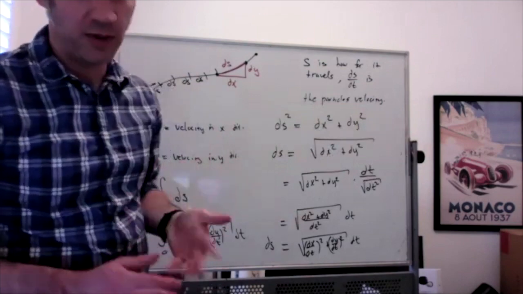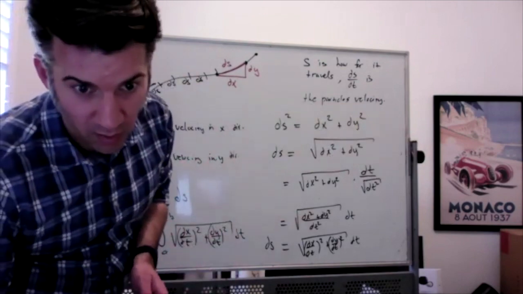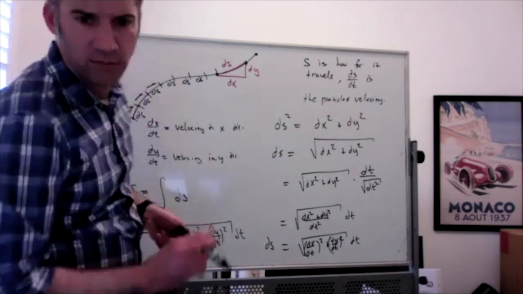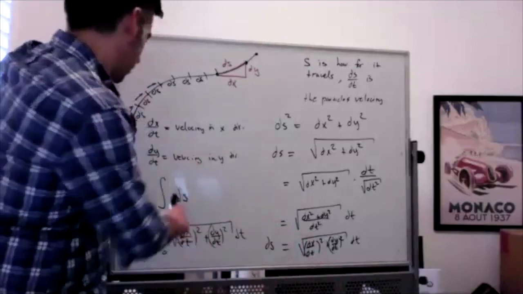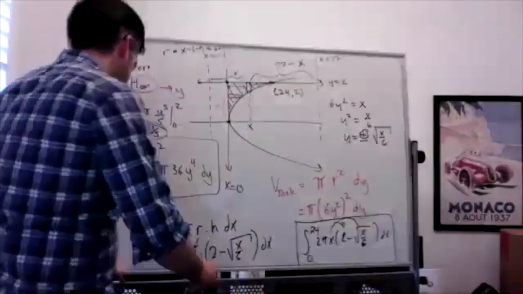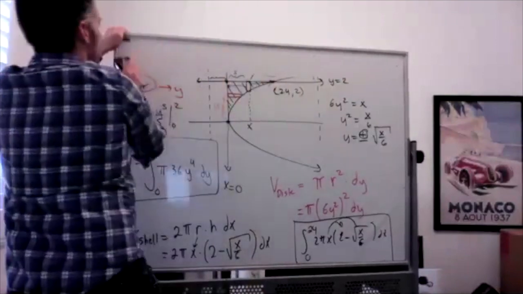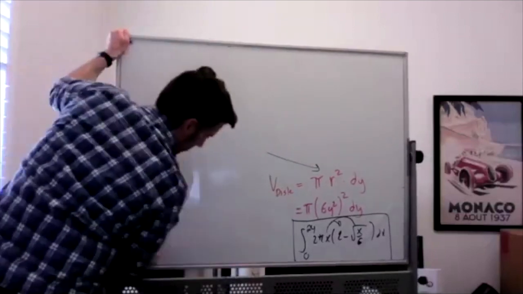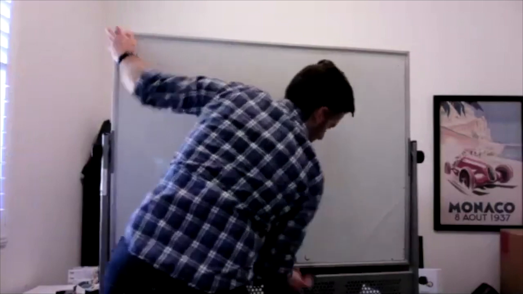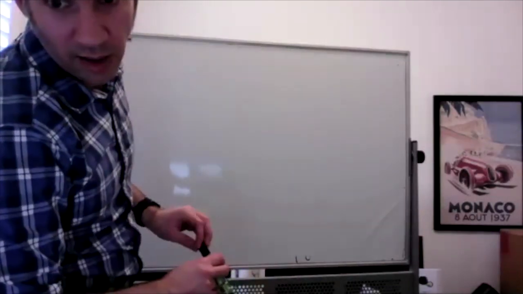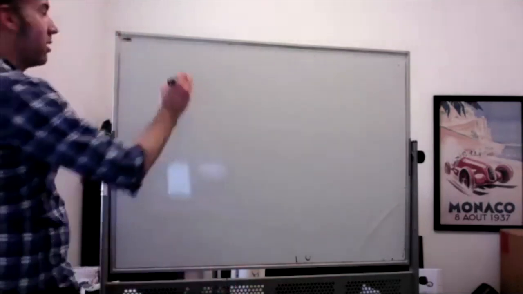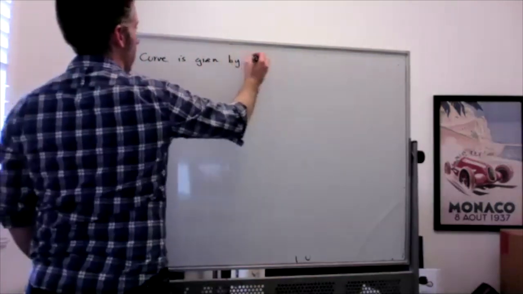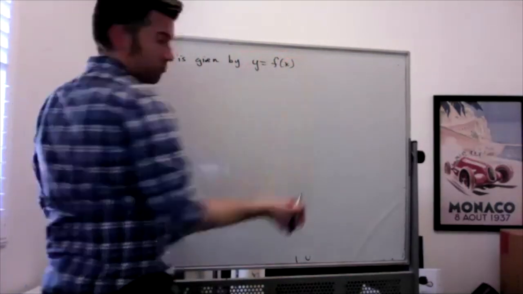So here's what we're going to do now to bring it back to what we actually want. Let's say we've got some curve, and our curve is given by y equal to f of x, which is typical.